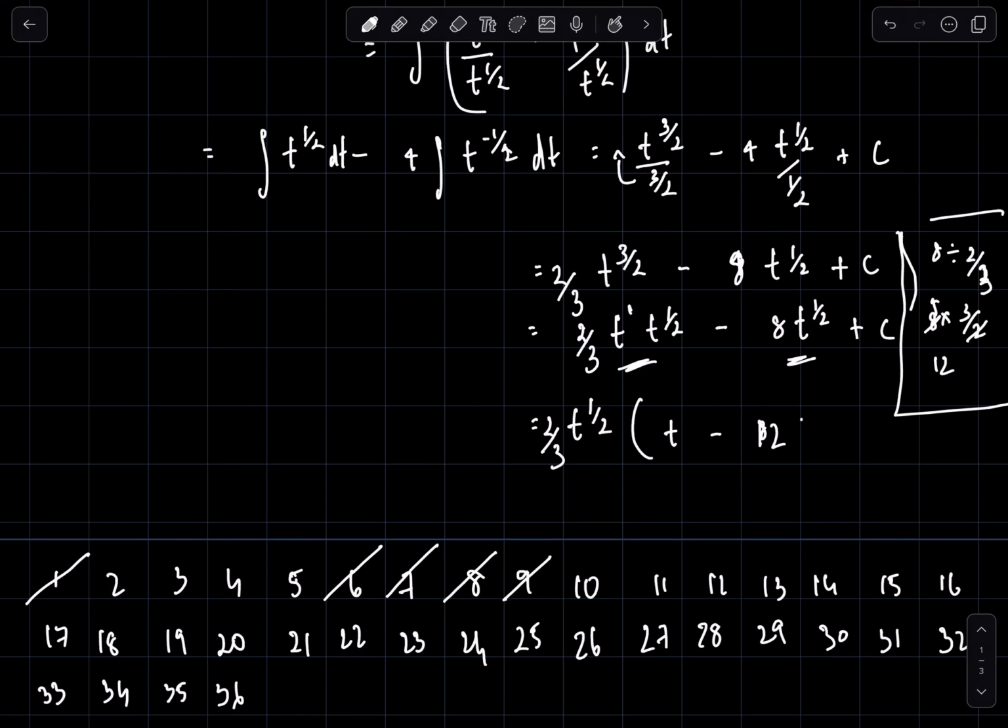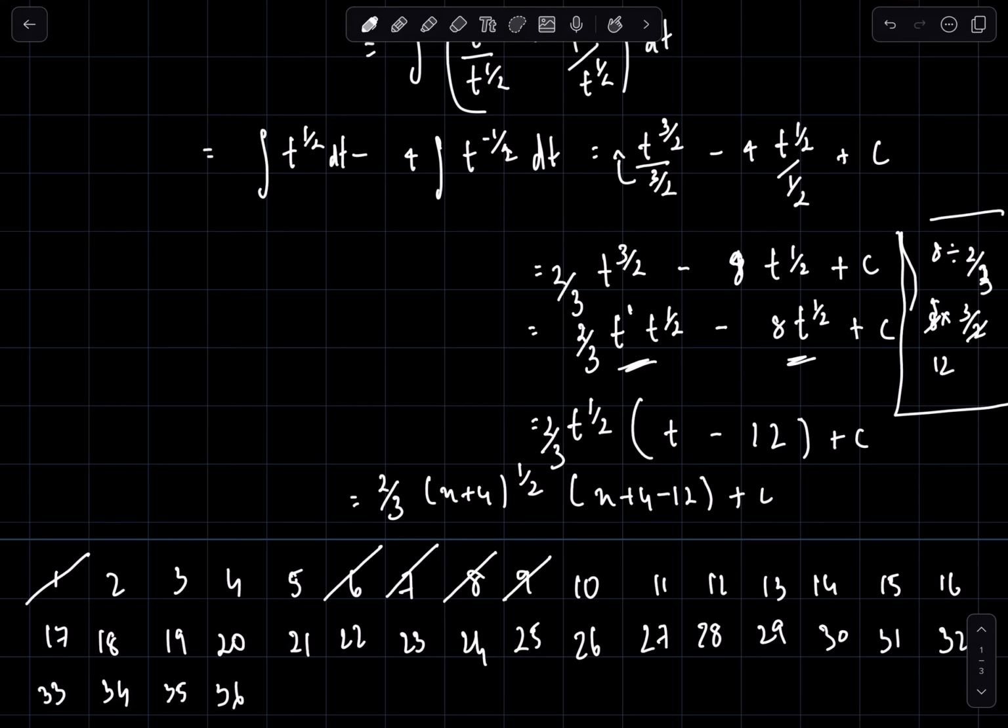So t raised to the power half, t minus 12 plus c. And now they've substituted the value of t, which is equal to x plus 4, so t raised to the power half is x plus 4 times x plus 4 raised to the power half times x plus 4 minus 12 plus c.